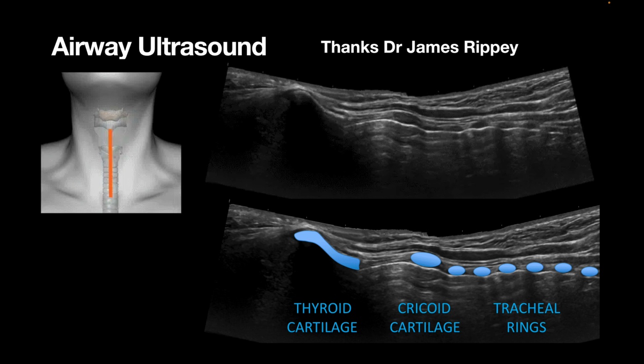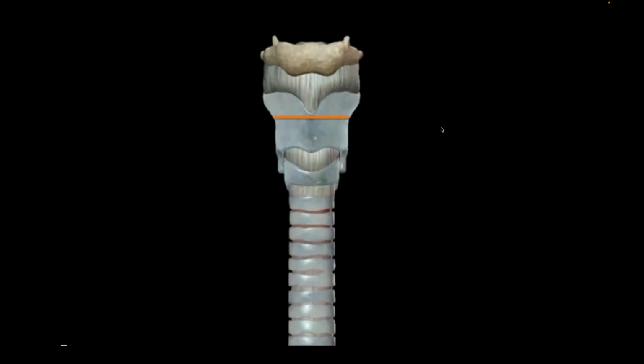You can see the thyroid cartilage with its characteristic shape, and then you've got the cricothyroid membrane, which is the gap between the thyroid and the cricoid. The cricoid cartilage looks nice and round and proud, and then the small tracheal rings heading down into the neck. It looks exactly like what you'd expect it to, and this can be really useful if you're planning to mark out. I'll just play this short video.